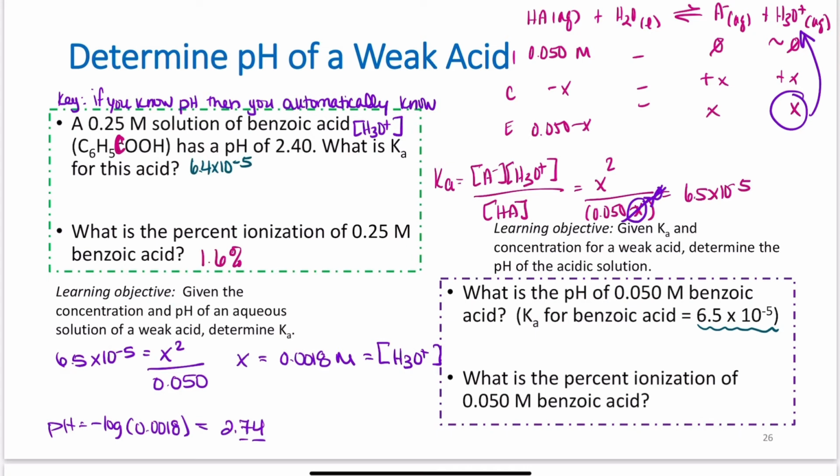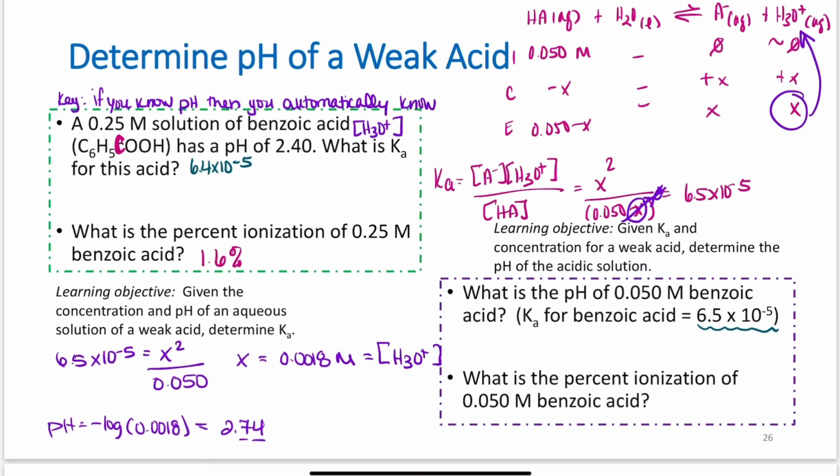If you're unsure if that approximation that we made was correct, take 0.050, subtract 0.0018, and it's still approximately equal to 0.050. So I'm going to say we're fine. I'll show you how to actually check that with the 5% rule very soon. But first, let's finish this example, or these multiple examples.